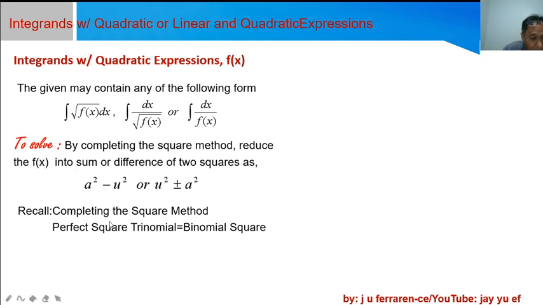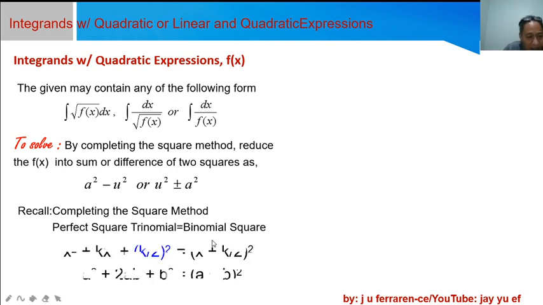If I have a perfect square trinomial, then I can also give a binomial square. Like when I have x squared plus kx, where the coefficient of x squared is 1 and the next term is a first degree term, to produce a perfect square trinomial, the third term must be half of the coefficient of the first degree term.